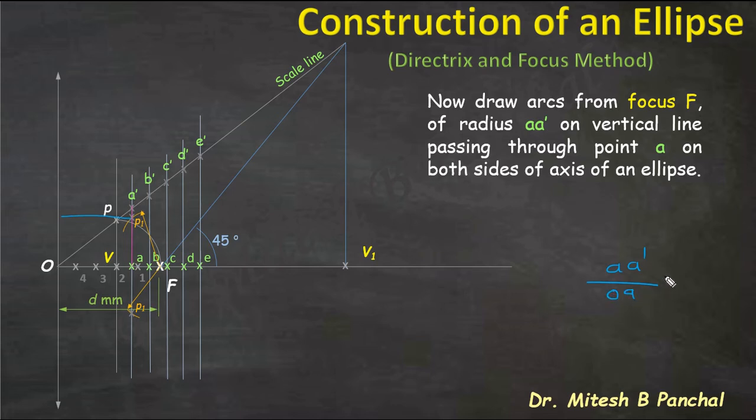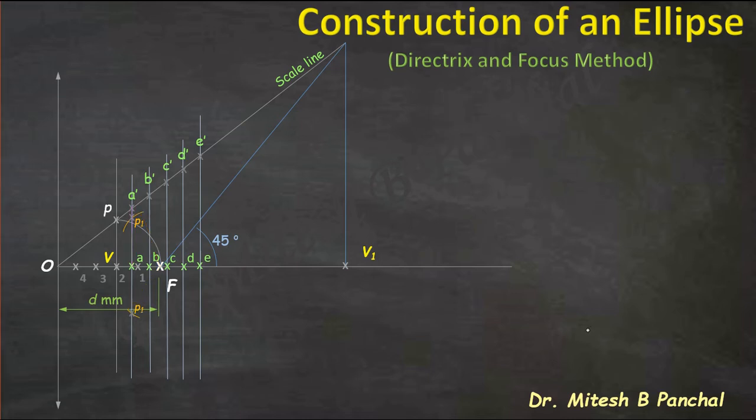Okay, so that is equal to the slope of the line, that is nothing but 2 by 3. Now we will move further to obtain the different points by following the same procedure.